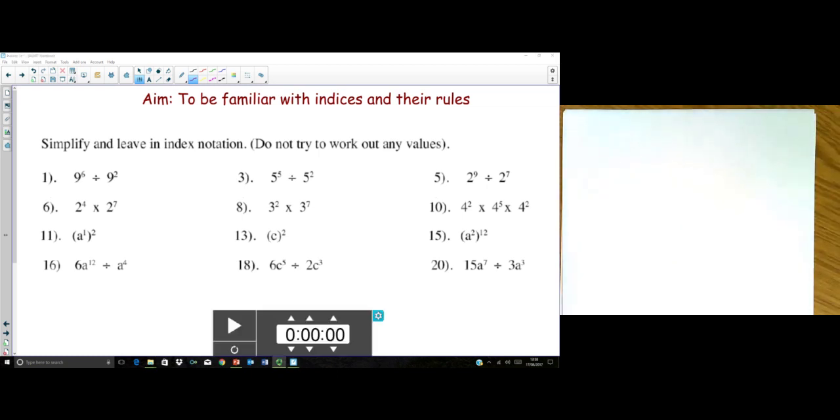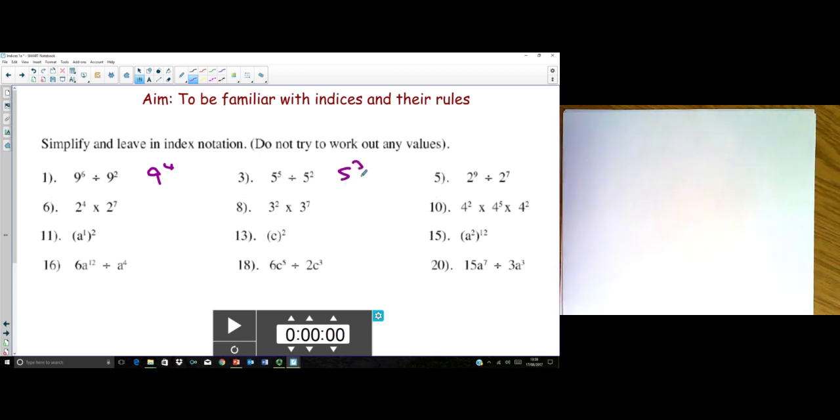Okay, so the answers, as we go through these. The first one, you should have 9 to the 4. The second one, which is number 3, don't ask why, is 5 to the 3.